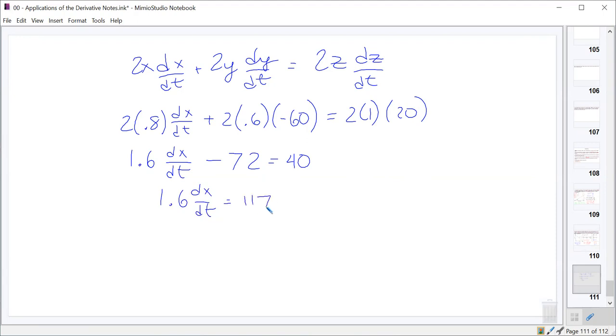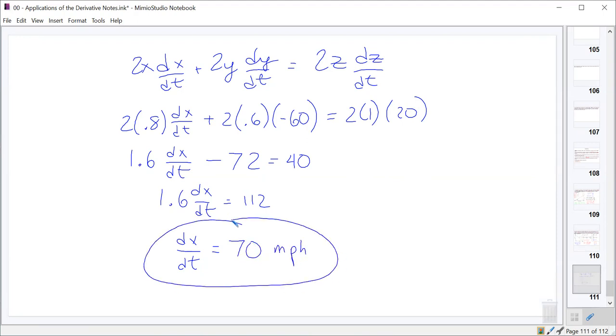And dx/dt, when you divide, 112 divided by 1.6 is 70 miles an hour. So that's a speeding car moving at 70 miles an hour. The police car probably needs to speed up to catch it.